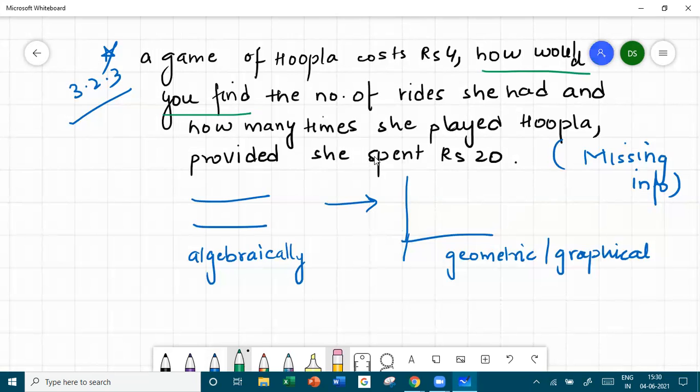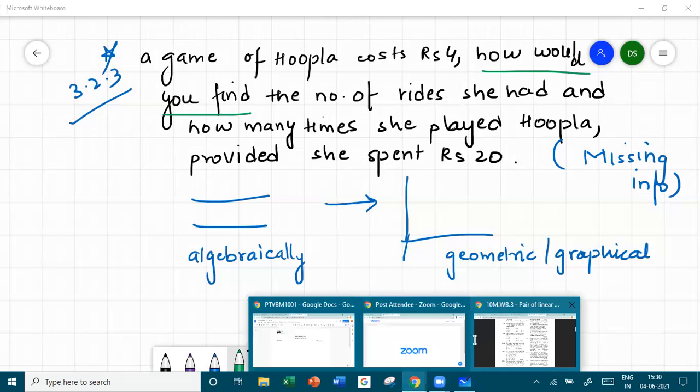Ma'am, I'm able to form only one equation. Okay, let me come back to the question.